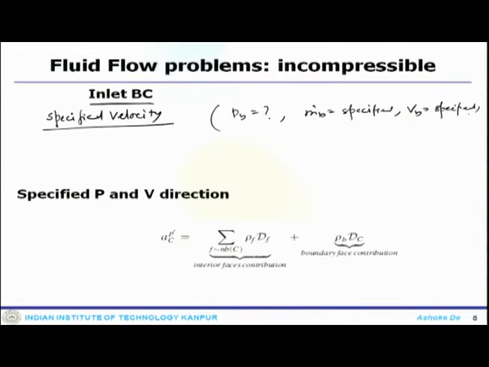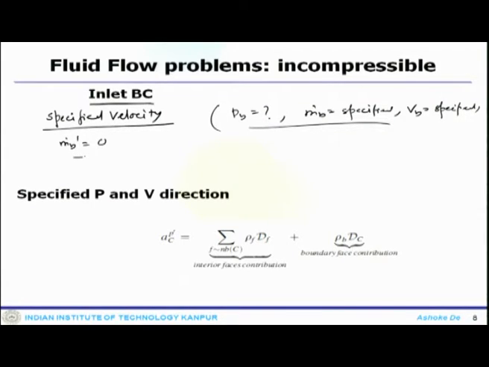So, once you have these things specified, for a specified velocity at the inlet the mass flux is known and its correction m dot b prime would be 0. This is similar to the wall boundary condition, but the term is simply dropped from the pressure correction equation. The pressure at the boundary can be extrapolated from the internal pressure field, like what we have already done.